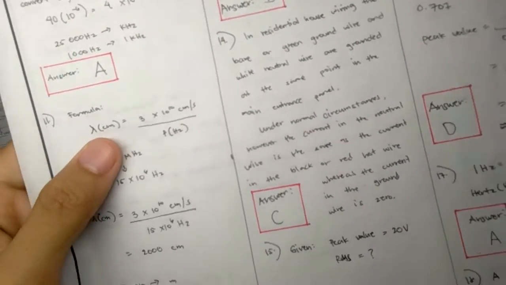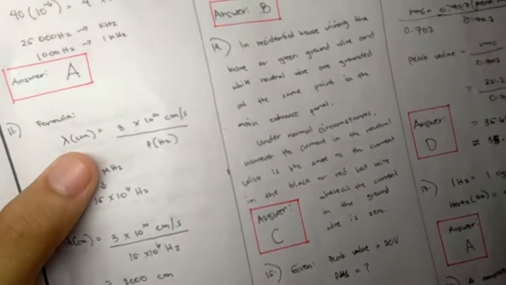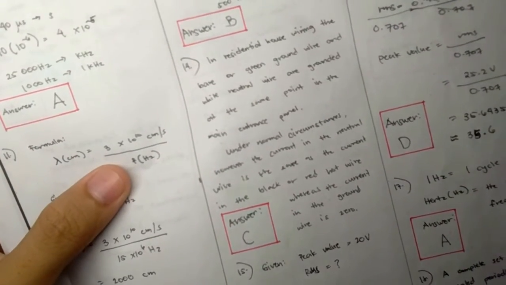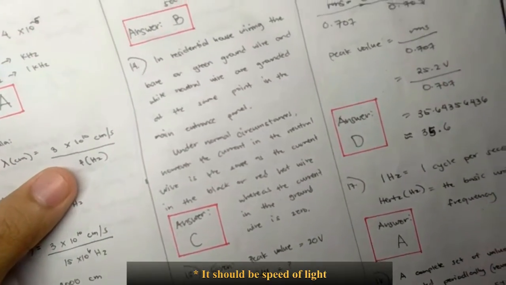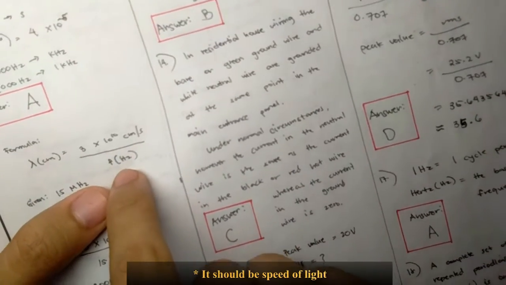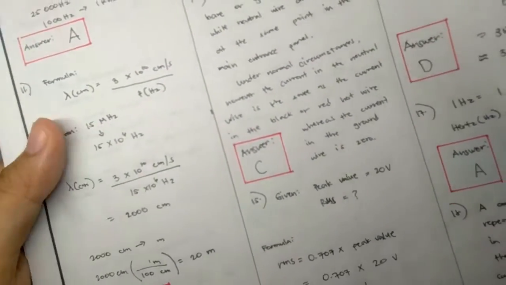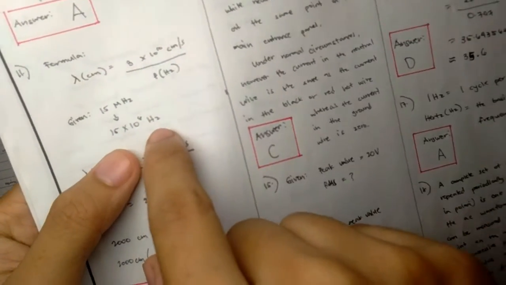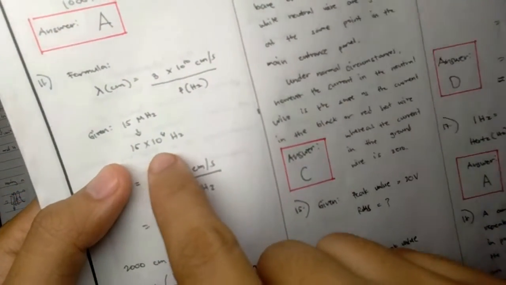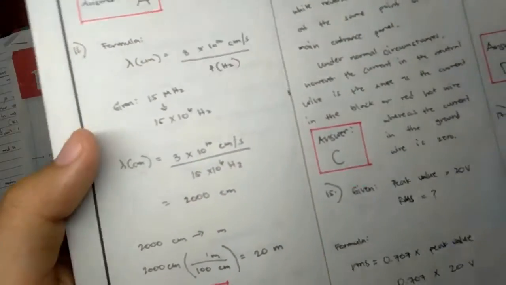The formula is wavelength in centimeters is equal to the wavelength of radio wave over frequency. Given 15 megahertz, convert it to hertz, which is 15 times 10 raised to 6.